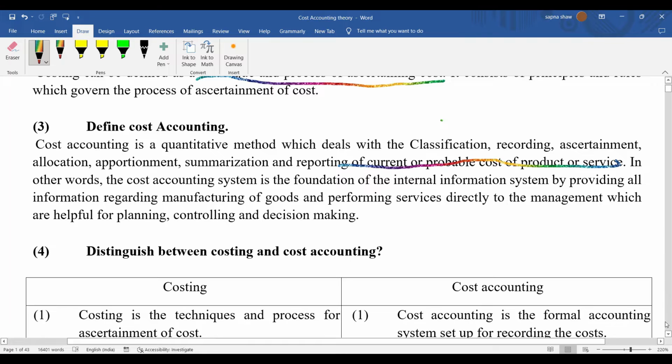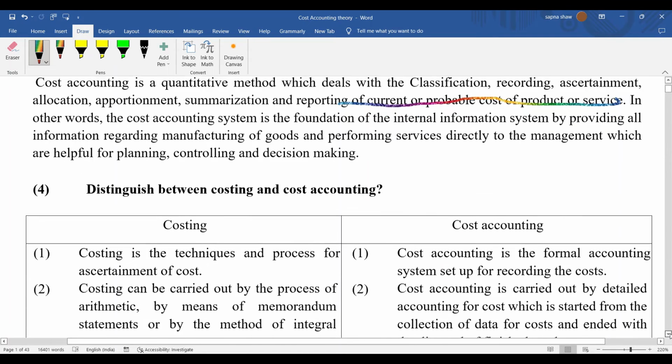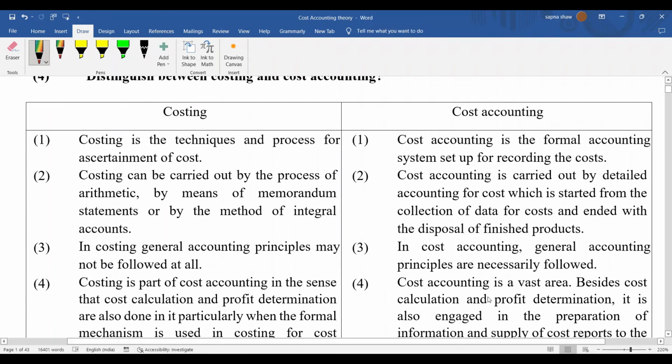Now, I just mentioned the difference between costing and cost accounting. Here the difference is clearly given. It is also a technique of ascertaining cost, but the thing is, it is formal.